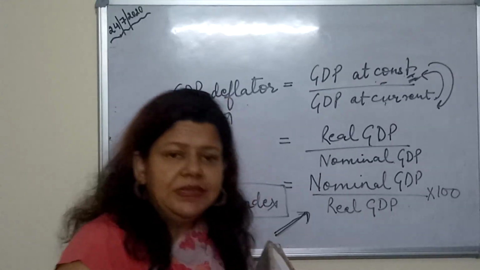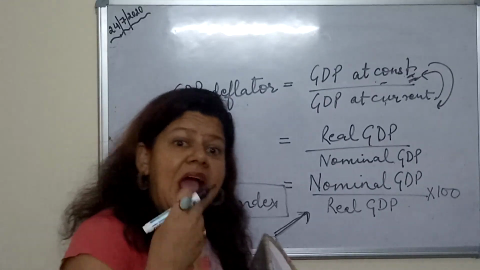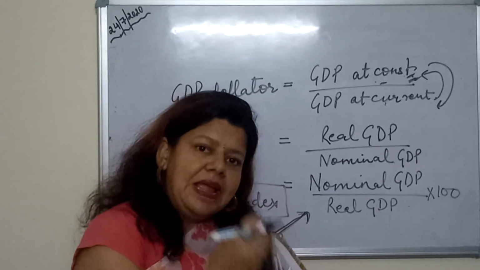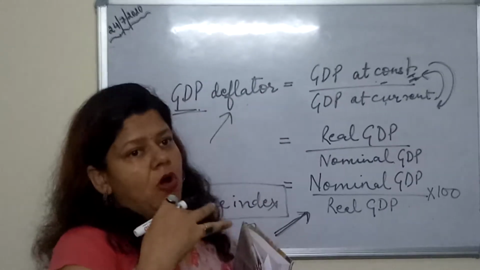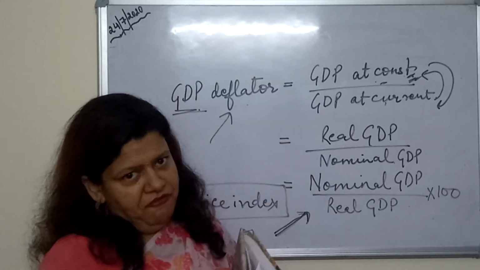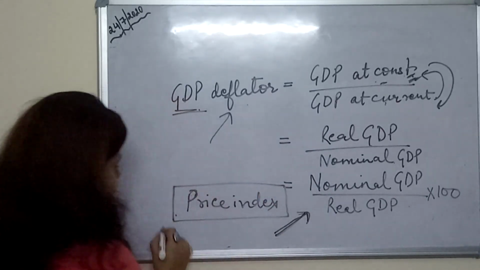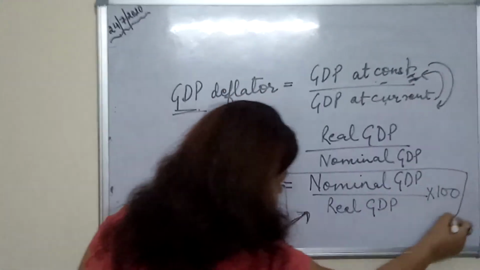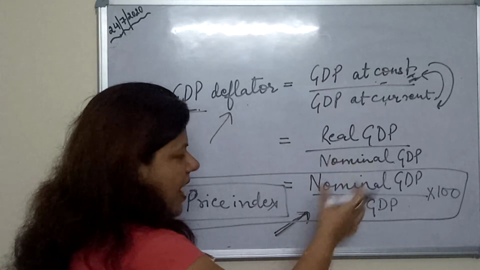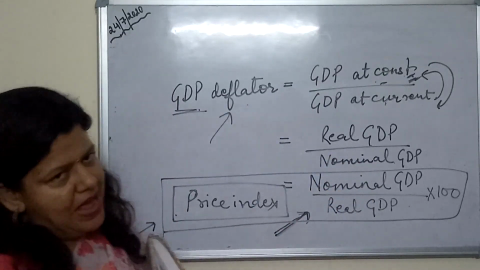So we will not take this year price to calculate actual output level of the production. So we will be taking the base year price or the real index, real GDP for calculating the deflator. So that is why we say that this is the actual formula. I have explained why we are taking the real GDP as down.